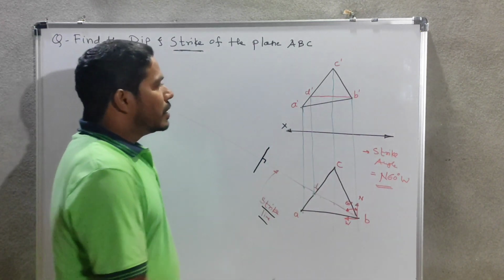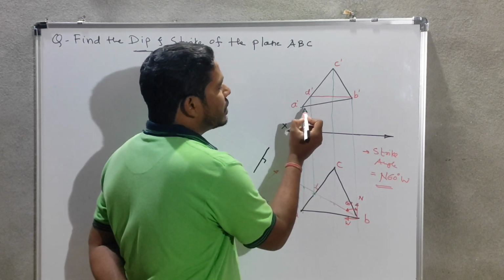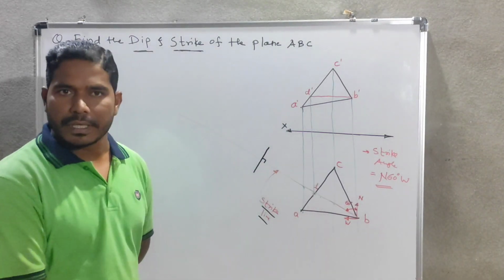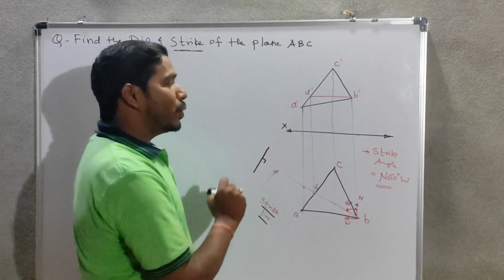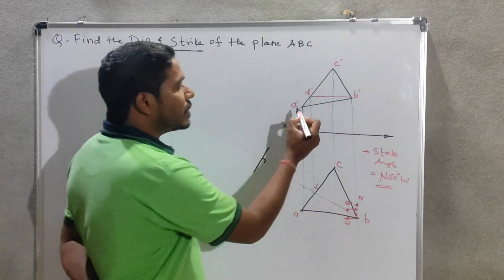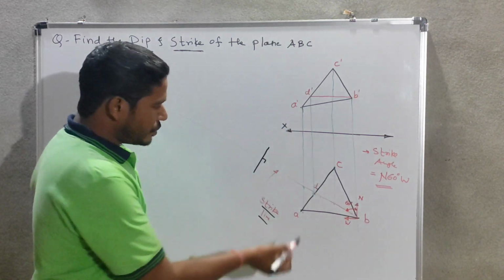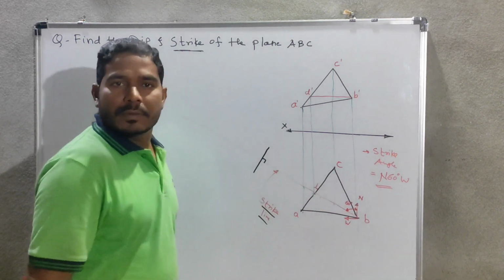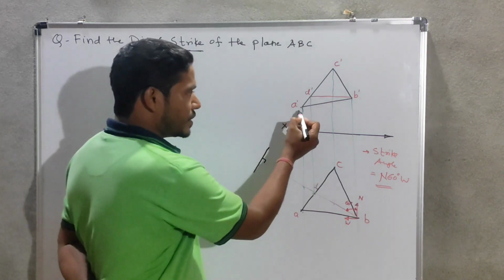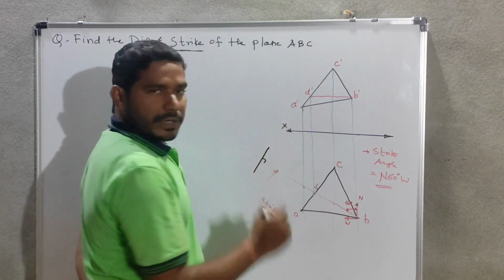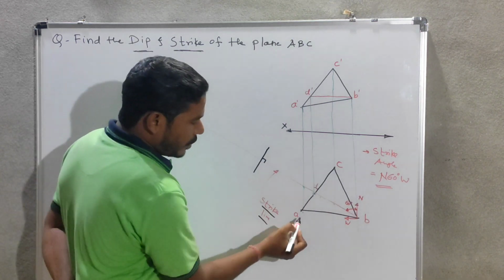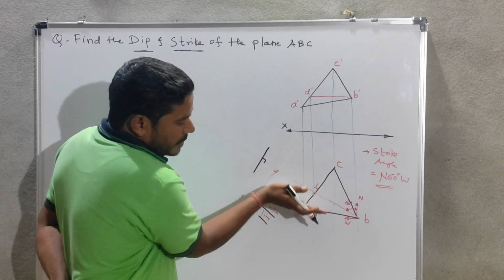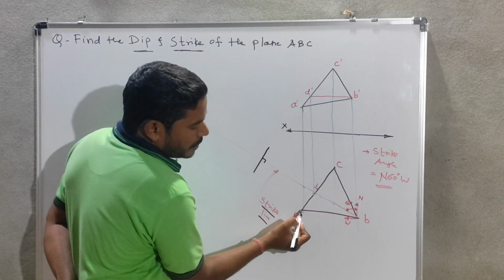And we have to check which point is in the lower side region. Here, A point is in the lower side region, and for this A point we have to check at which side of the strike line it lies. Whatever this A point is, it is on this side of the strike line.